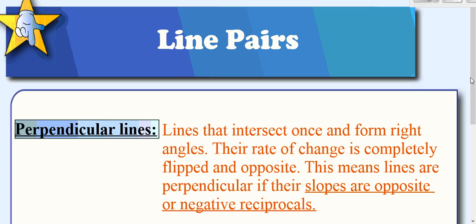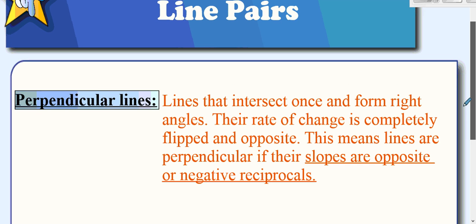So perpendicular lines intersect to form right angles. Their rate of change is completely flipped and opposite. And then the fancy vocab for that is that their slopes are opposite, which means the same thing basically as negative, and reciprocal, which means you flip the fraction.